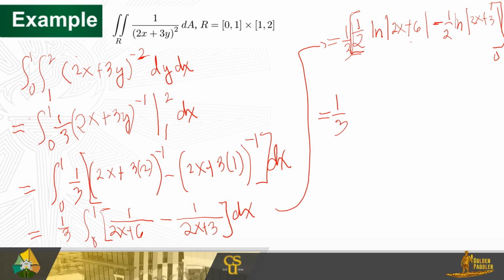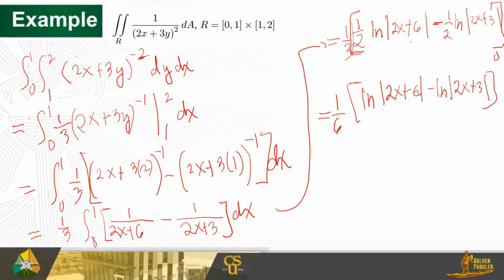Actually pwede natin gamitan ng law ng ln. Later na. So magiging 1 over 6 na yan kasi if-factor out ko yung 1/2. So meron na tayong ln of 2x plus 6 minus ln of 2x plus 3.